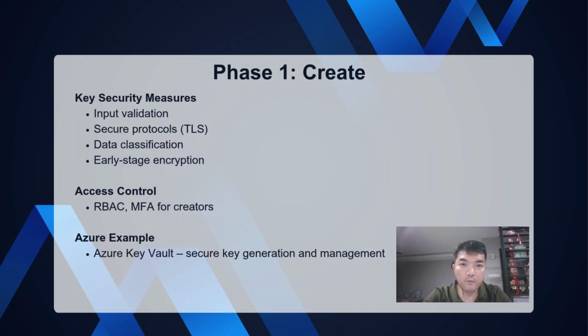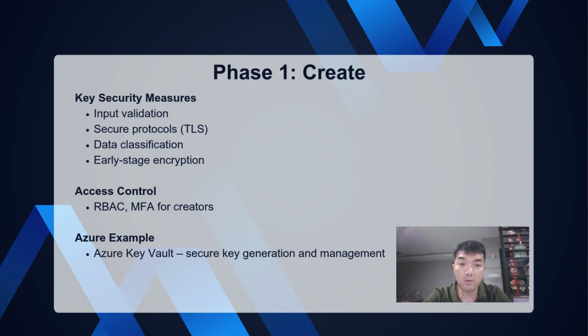The first phase of this cloud data lifecycle is create. During data creation, which involves gathering input from the user, application, and migration, immediate protection is very important to prevent exposure. Organizations normally apply input validation to block malicious code, enforce data classification for sensitivity levels, and also use secure protocols for transmission.